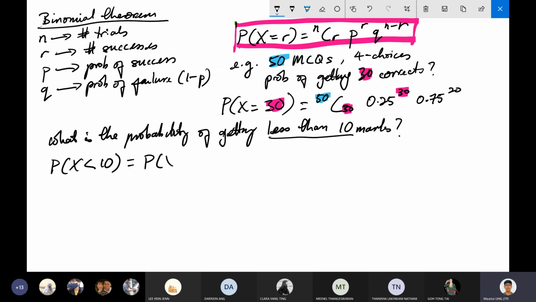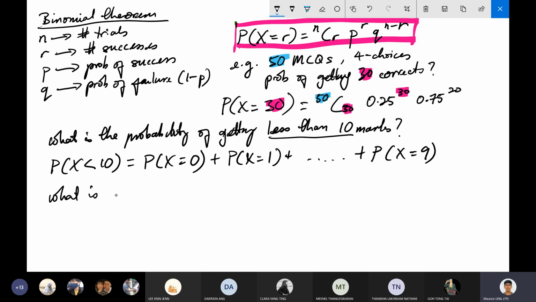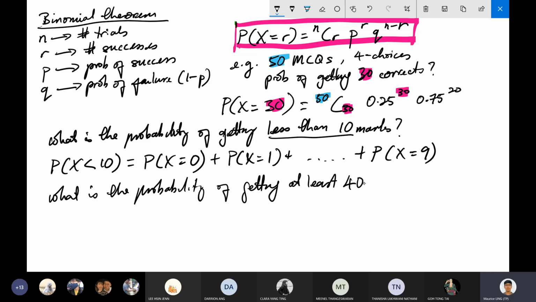You have to make sure you calculate the probability of 0 plus the probability of 1, and so on, all the way to the probability of 9. Another question can ask you, what is the probability of getting, let's say, at least 40 marks?